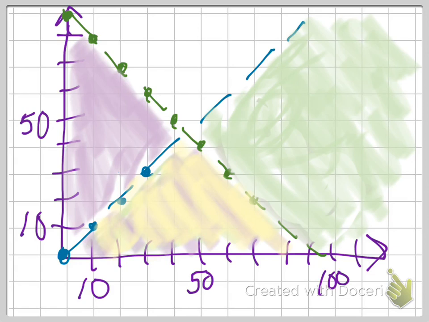So any whole number that lives in this shaded area right here is a legitimate answer to our question. Now, if we had some other type of an answer and it wasn't an apple and pears question, then we might be okay with fractions and decimals.